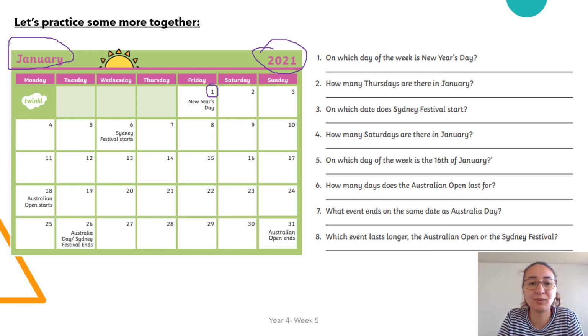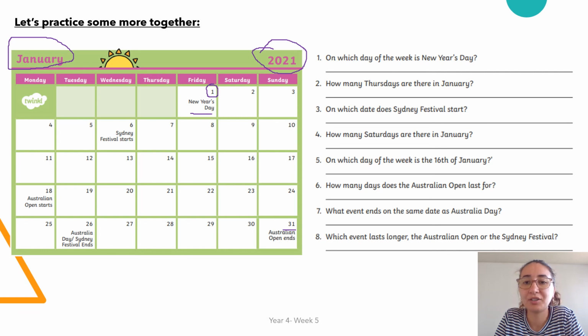Calendars will sometimes have things put inside them to tell us of a special event for that day. And you read across, so 2, 3, and we know that January has 31 days and it ends on a Sunday.